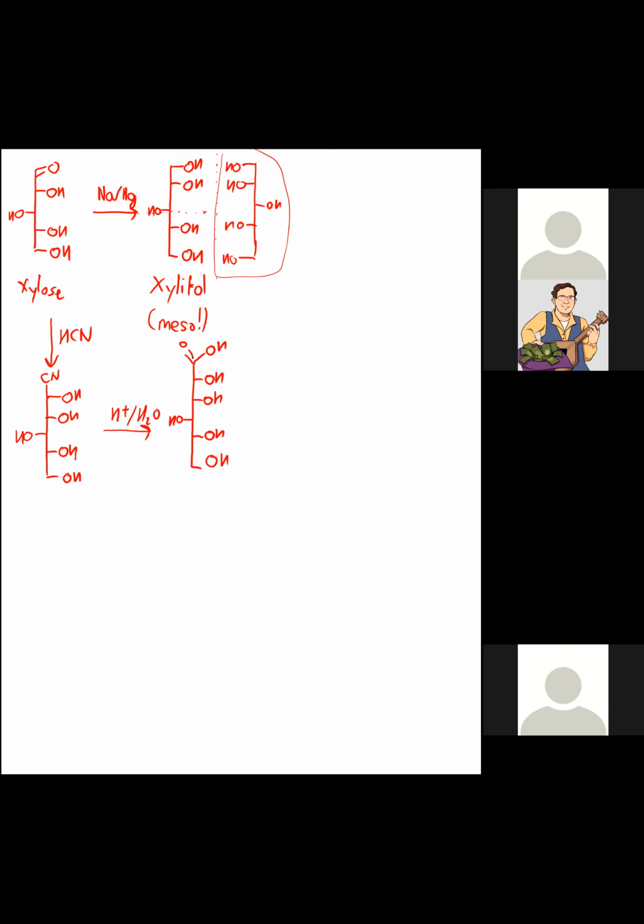And now we get a new molecule. And now what he did, of course, the first thing he says is, okay, great, I've got a new acid. It's a hexose. Let's try and crystallize it with everything and see if it's the same thing as anything else, and it wasn't. So xylose didn't seem to be the same thing as anything else.